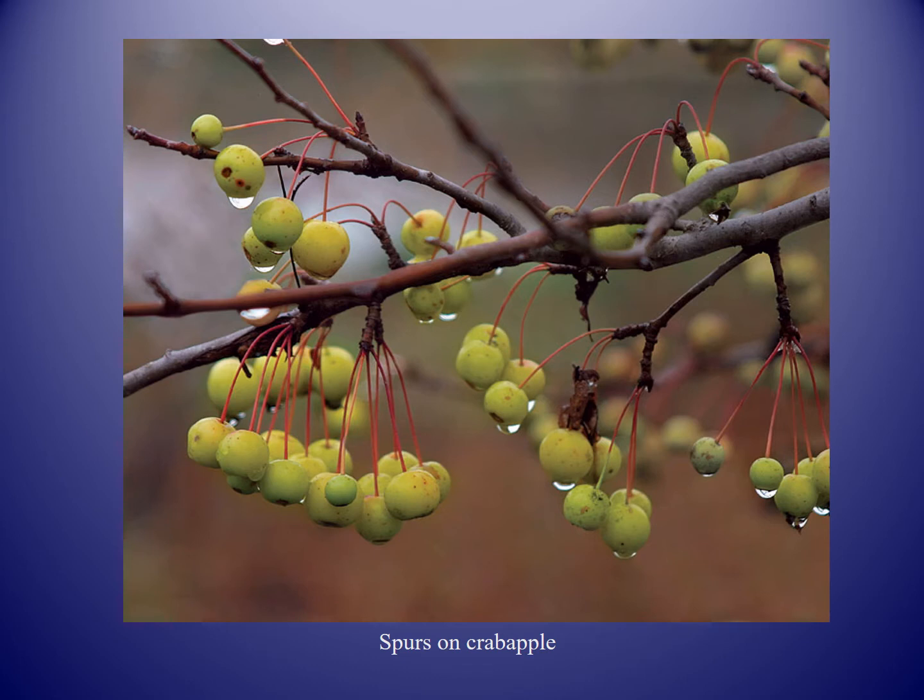If you look at this picture, this is a picture of crabapple, and you can see clusters of these yellowish green crab apples hanging from these interesting little red stems, and those little red stems are connected to the spur. So those little short modified stems that you see the fruit hanging from, those are the spurs that we're talking about.